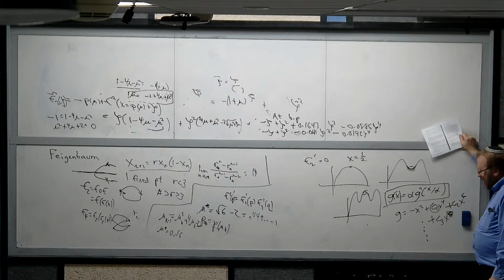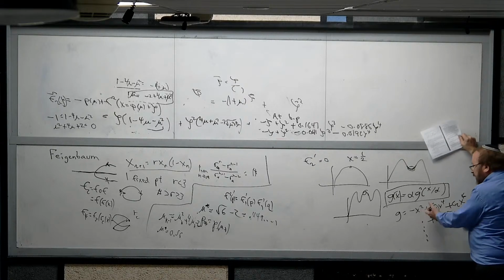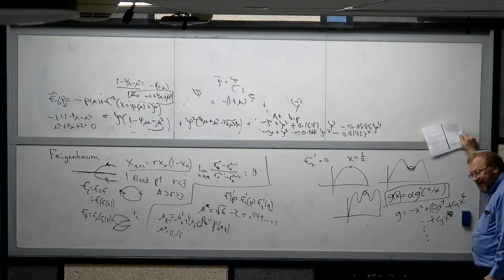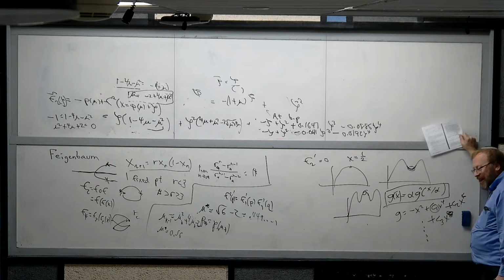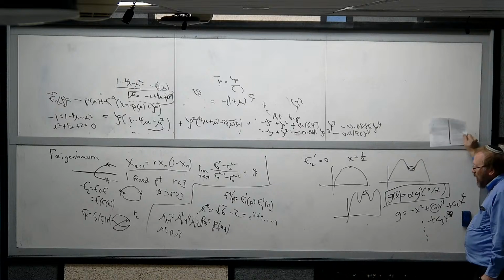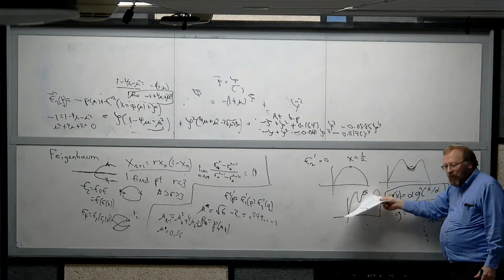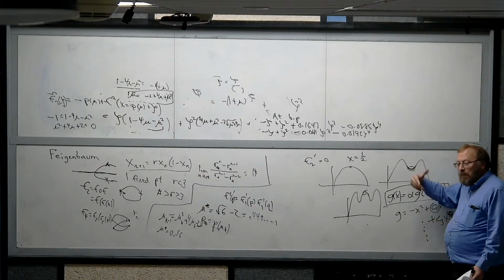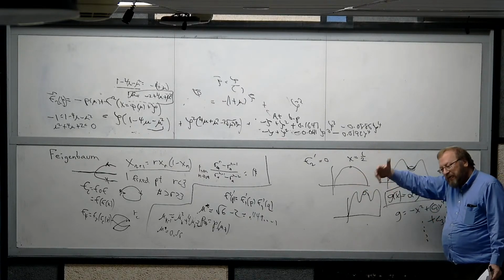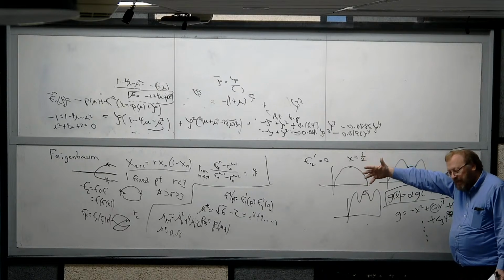He claims that he can construct this universal function order by order. And the point is, there's only one function like this. Therefore, it didn't matter what the initial map was, because I didn't tell you anything about the initial map. I'm just looking at the map after infinite numbers of bifurcations.